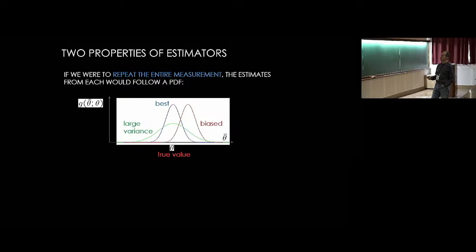One is fatter than the other two. And of the other two, one is closer to the true value than the other one. So you see that these green and blue distributions are centered on the true value. That's good. That means that they are not biased. Instead, the red distribution is biased because the mean is away from the true value.